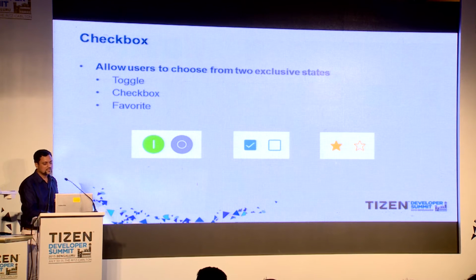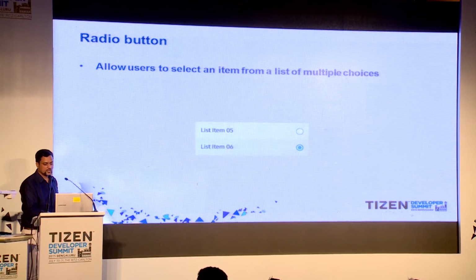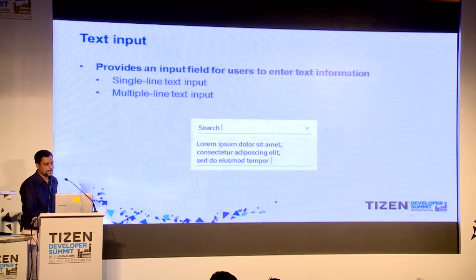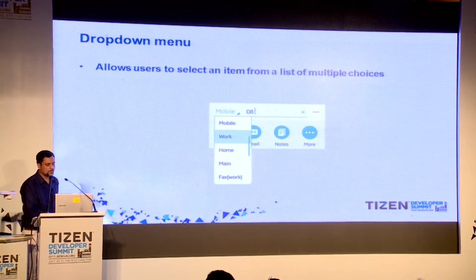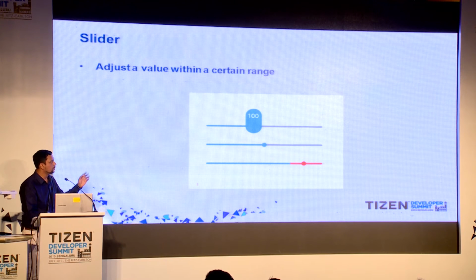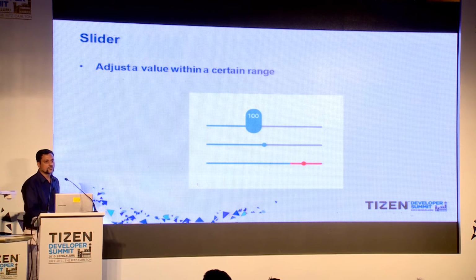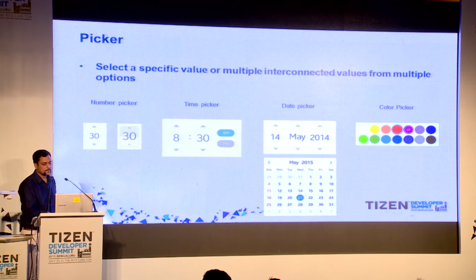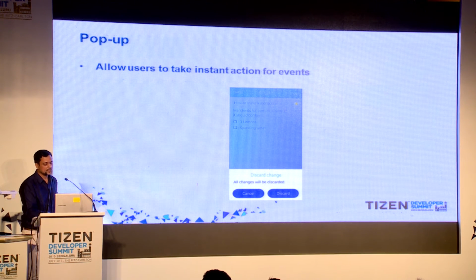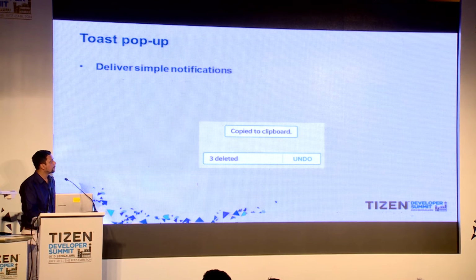Several types of buttons, checkboxes. These are all resources that you can use very easily, and they have been designed from scratch to give a consistent experience. Drop-down menus, sliders with information, telling you when it reaches a critical threshold. Several types of pickers, pop-ups.